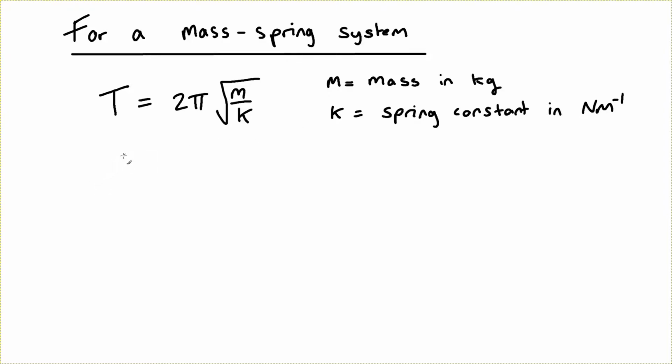Of course, we can plot a graph. Let's say we've measured the period for different masses on the end of the spring. If we plot a graph of period in seconds against square root of the mass in kilograms, what we will get is a straight line graph that will pass through the origin.